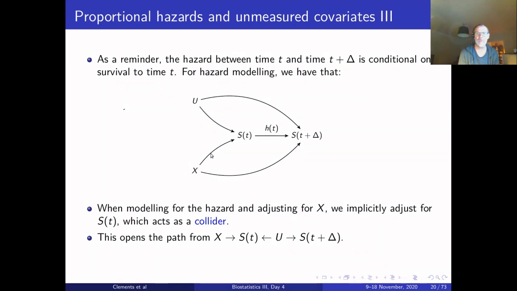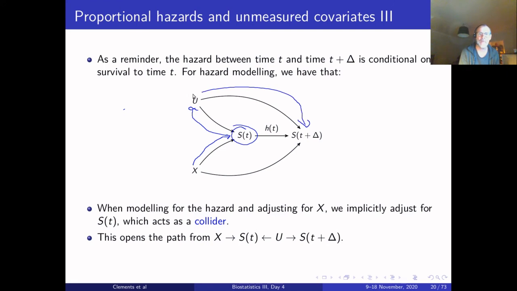This causal diagram. If we are modeling for the hazard and we adjust for X, then we implicitly adjust for S of t, and that's acting as a collider. And importantly, that opens a non-causal path from X, from here to here, from here to here, and then all the way around here.